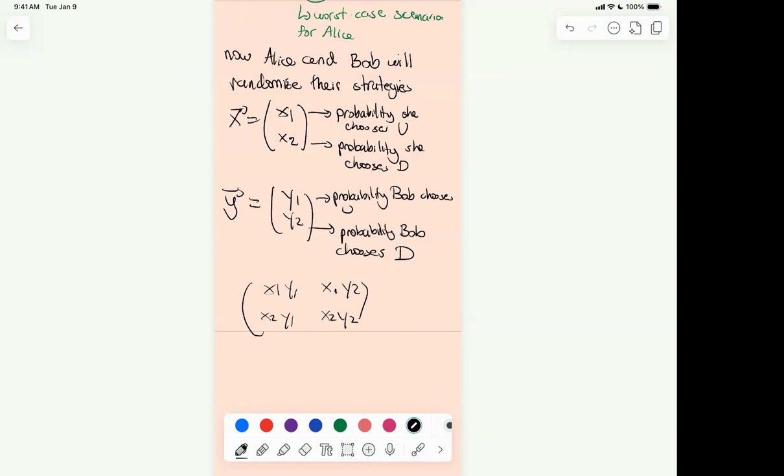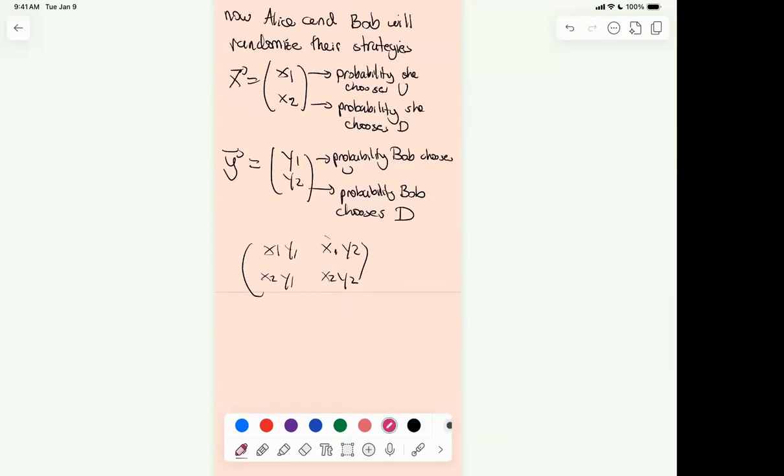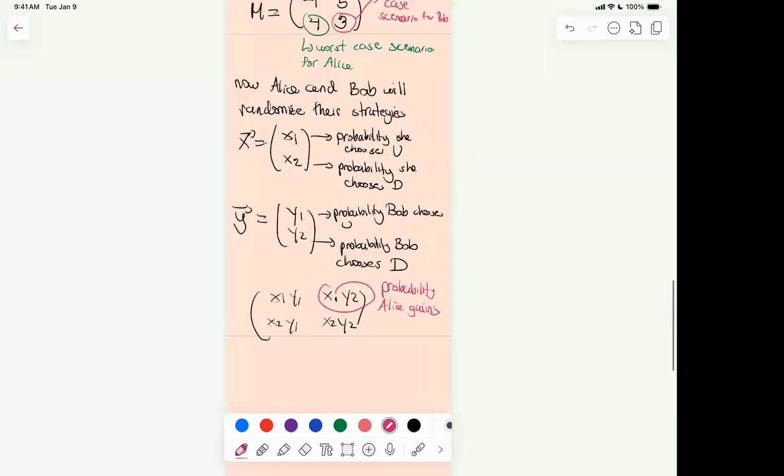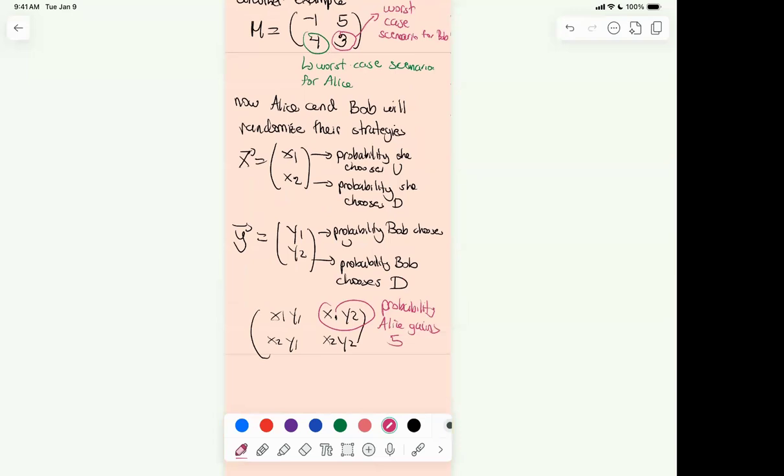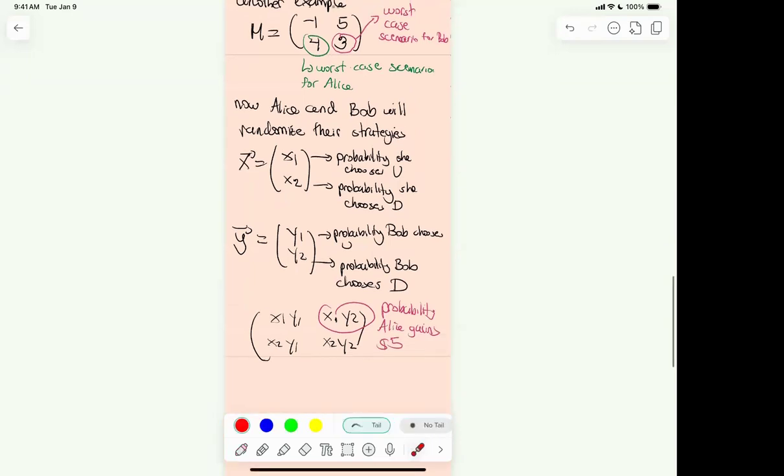For example, this corresponds to the probability that Alice gains $5, because if you look at this matrix, this is the number 5.